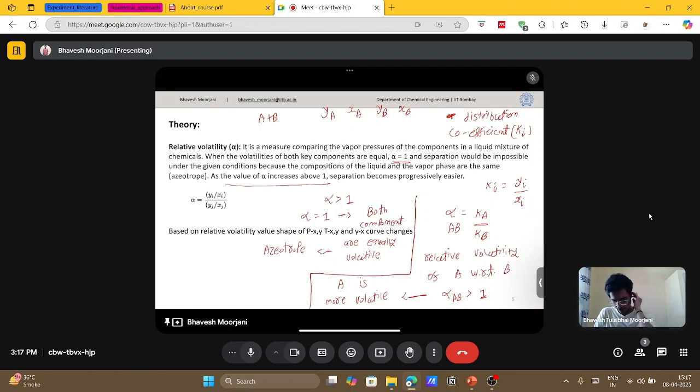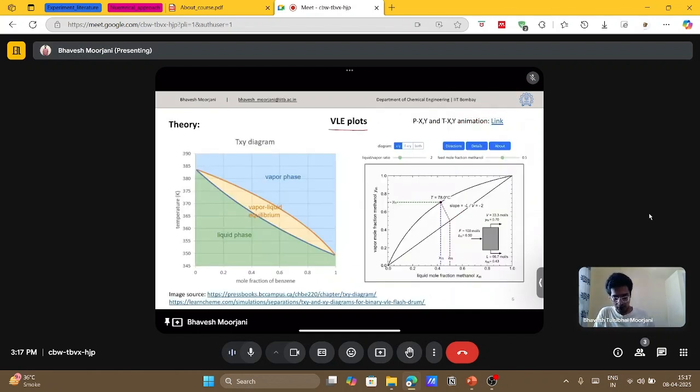So what are these curves? This is how these curves look. These are the various VLE plots. Which plots are included here? Pxy, Txy and Yx plots. Here you can see this is our Yx plot. This is the y equal to x line and this is your actual VLE data, the y versus x curve.